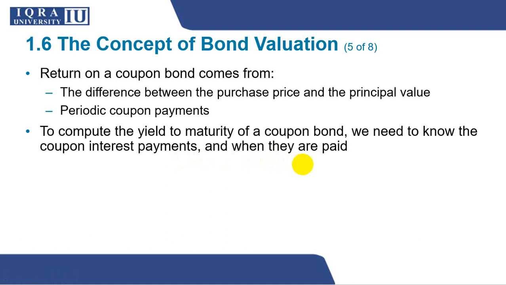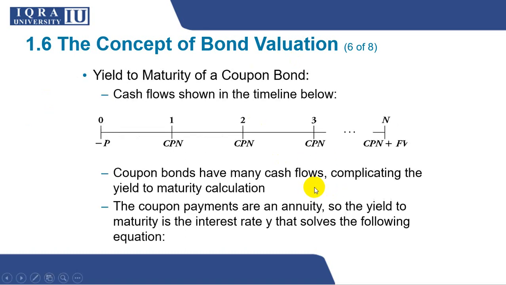So here we see that the coupon interest payments are received at different points in time. So we will discount all those future coupon interest payments to the present value, and then we will find how much value we get in the present if we buy a bond.